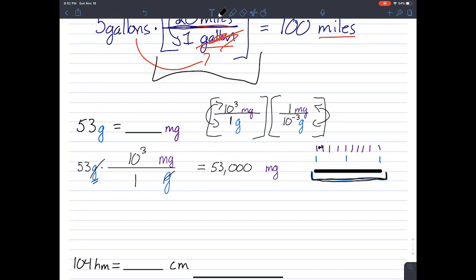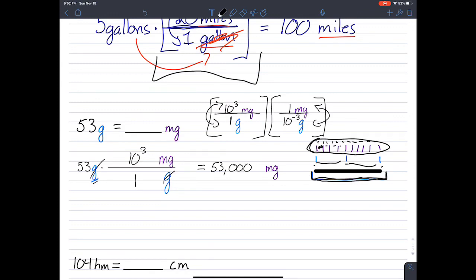And there's less distance here, there's more of these ones than there are of these ones. So you're gonna have a larger number here because you have more units of measure than you do here, where you just have 1, 2, and you have 1, 2, 3, 4, 5, 6, so on and so on. Because it's a smaller unit of measure over the same distance.